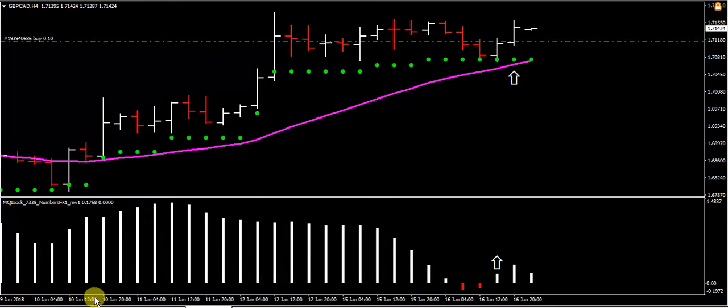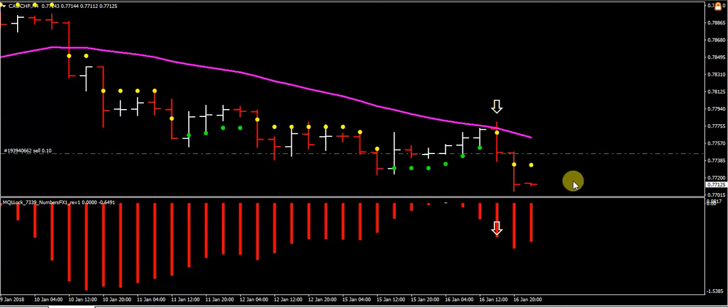Okay, looking at the other trade that we started, which is this one. We have the downtrend. We found our signal, and the yellow dot bouncing off the moving average.